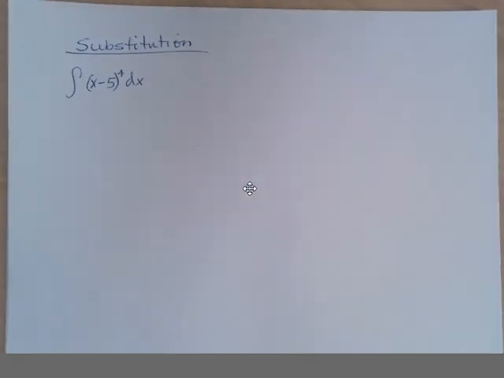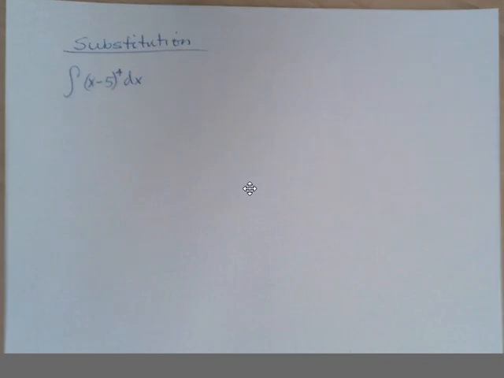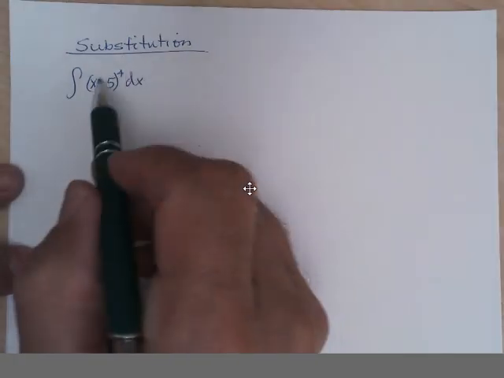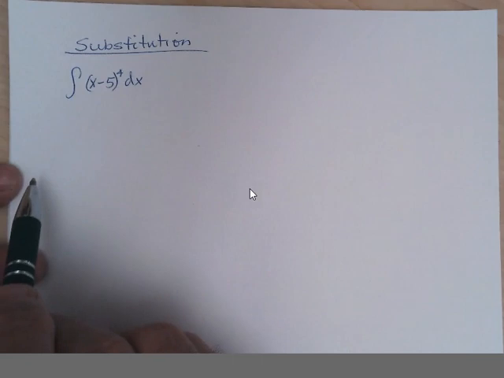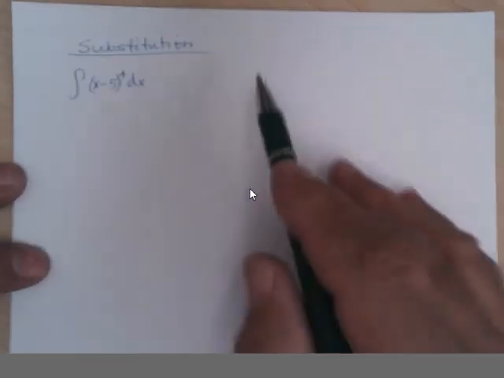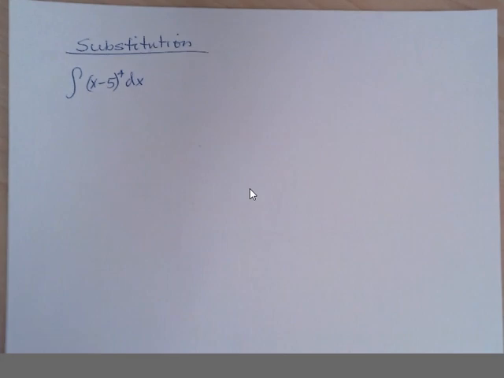Now, if I'm trying to find the antiderivative, the indefinite integral of that, you may probably be able to get that one right without doing any substitution technique. But I'm going to do that, and then I'm going to do it by substitution to show you how that works.